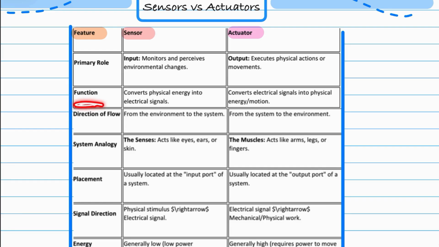In function, a sensor converts physical energy into electrical signals and an actuator converts electrical signals into physical motion. The direction of flow for a sensor is from the environment to the system, but for an actuator it is from the system to the environment. In system analogy, sensors are like eyes and ears, whereas actuators are the muscles that act like arms and fingers.